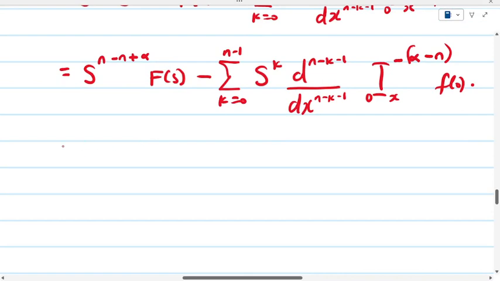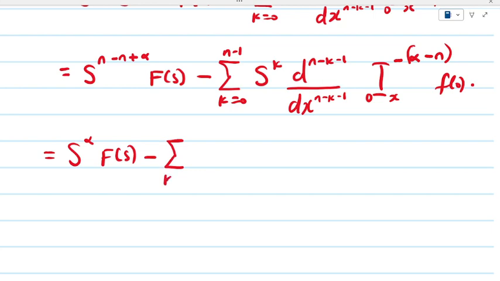With that, we have s^(n-n), that is 0, so I'm going to have s^alpha times the Laplace transform of f of x minus the summation k equals 0 to n minus 1 of s^k. This derivative, I can write as D from 0 to x, with the order of the derivative n minus k minus 1.